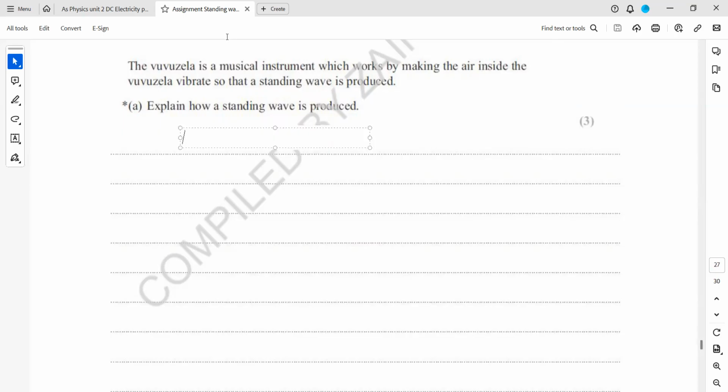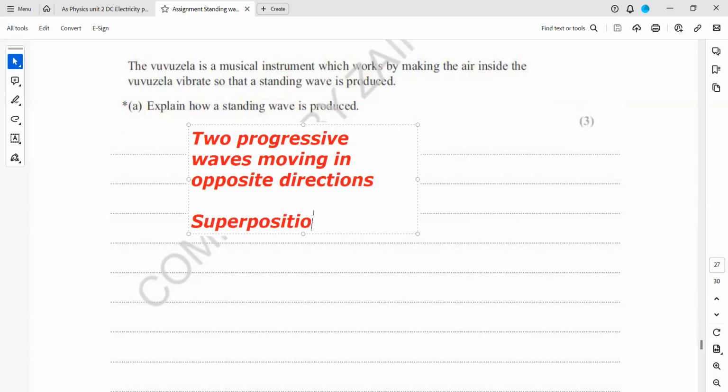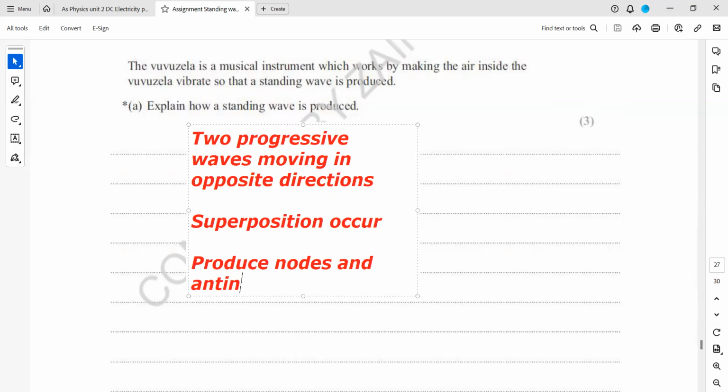First, two progressive waves moving in opposite directions. Superposition happens, and it will produce nodes and antinodes.